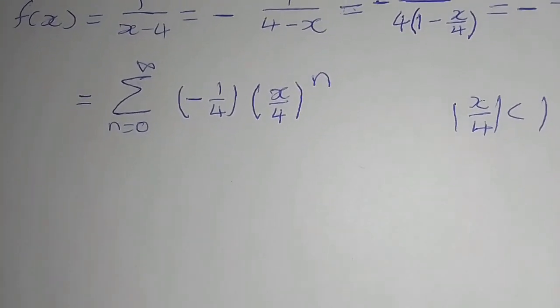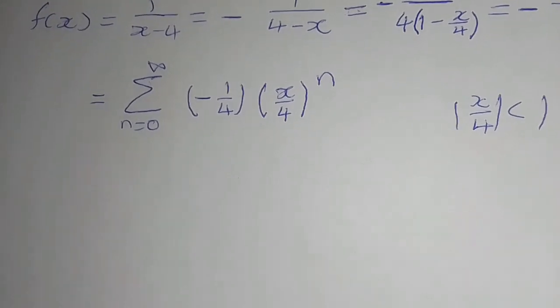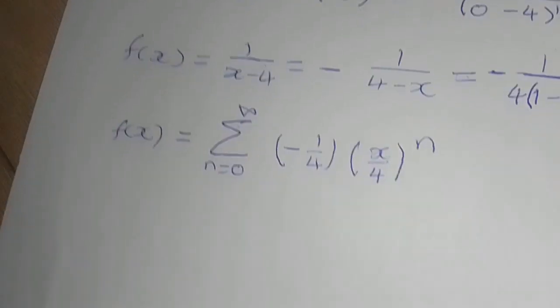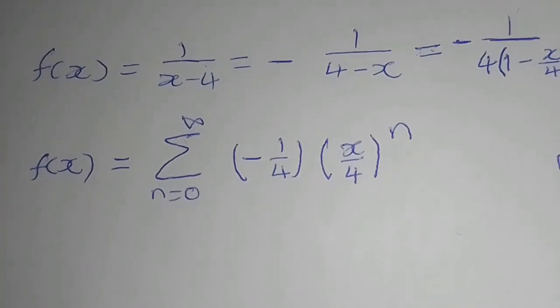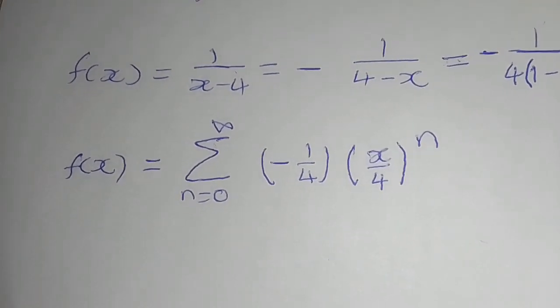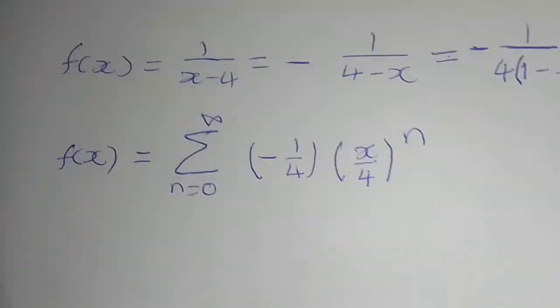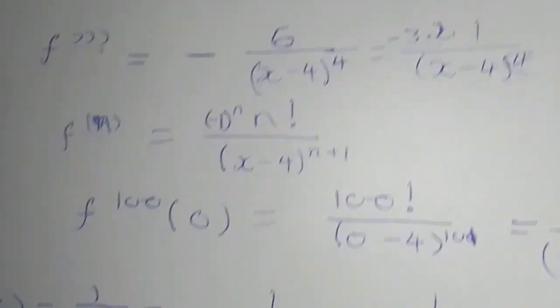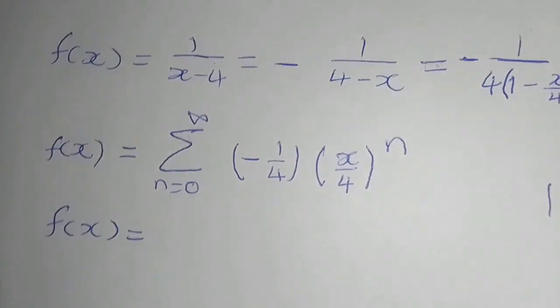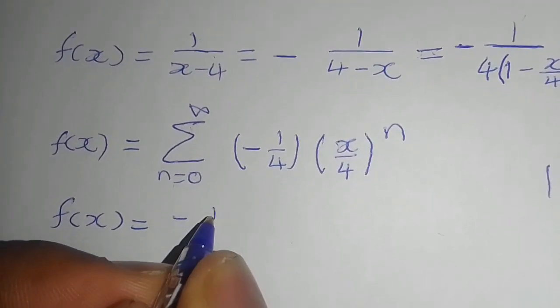And so now that we have this, this is f of x written in series form. And so when we have this, what we need is to find the derivative of that, specifically the 100th derivative of that. And notice that if you expand this, you're going to have minus 1 over 4.